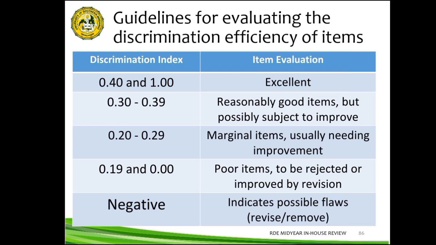Next, 0.19 to 0.00 is poor, items to be rejected or improved by revision. A negative discrimination index indicates possible flaws; revise or remove.